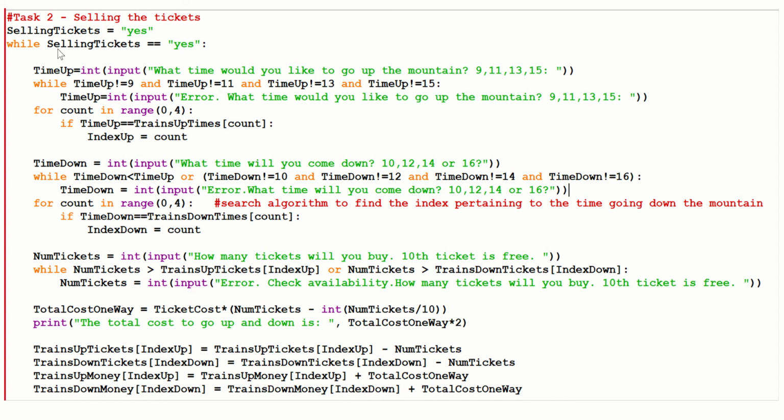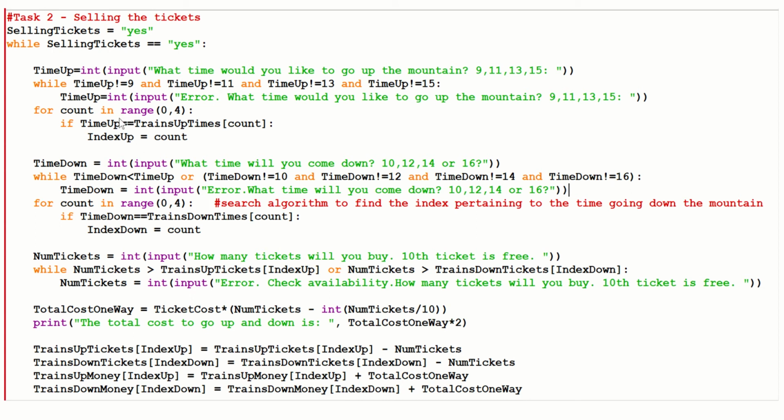But if it does equal one of these, then we wouldn't display this error, we would just go to the next.